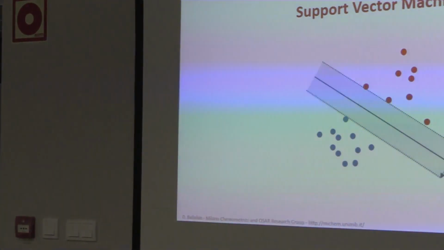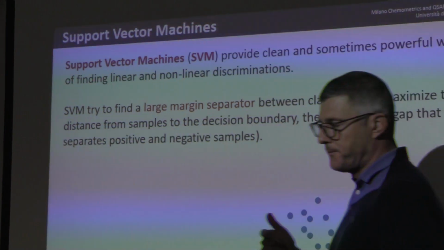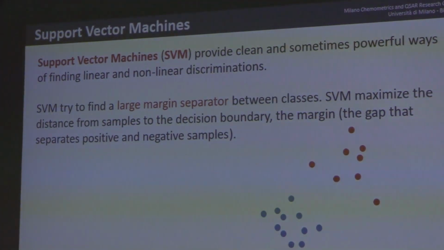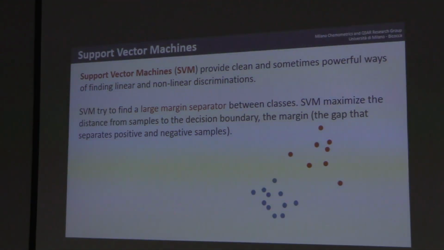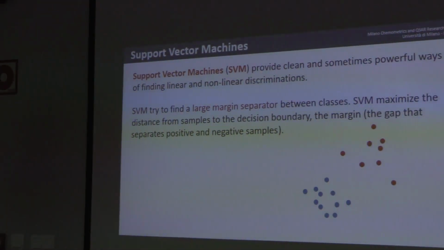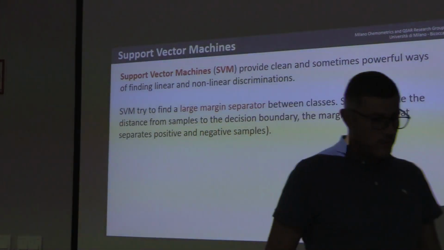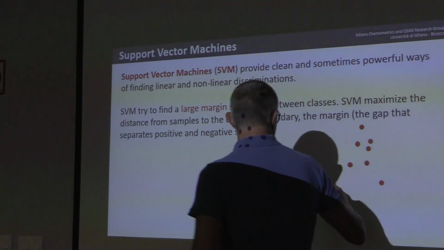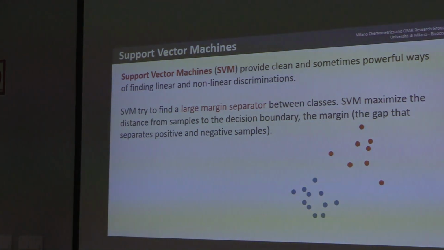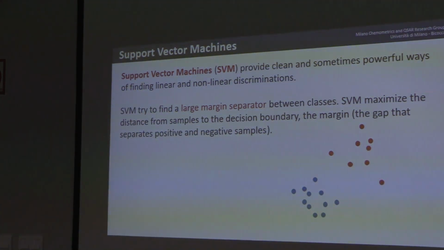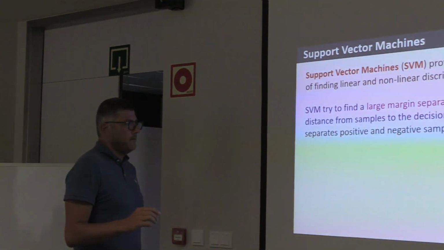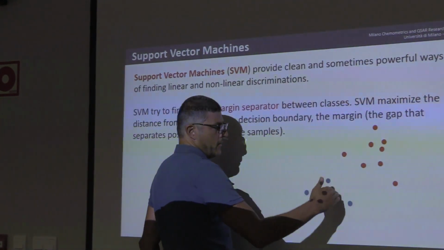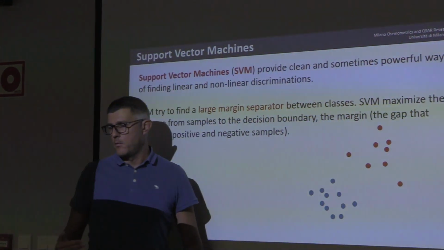But let's start from the very beginning. We have two classes, and we want to separate them in a linear way, with a linear boundary. Support vector machines define this boundary by trying to maximize the distance of the samples from the decision boundary.